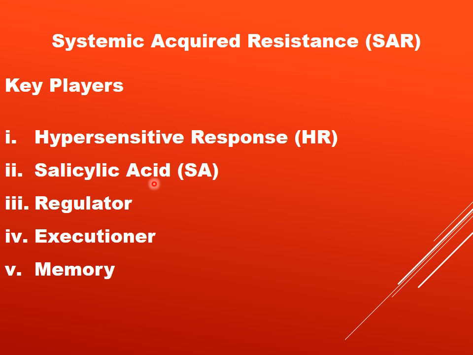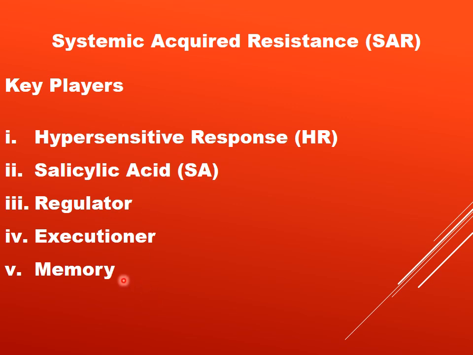So the question always pending before plant pathologists is which gene actually regulates systemic acquired resistance, and which gene or genes are responsible for its execution and are also connected with salicylic acid.